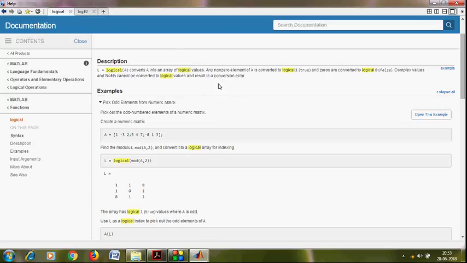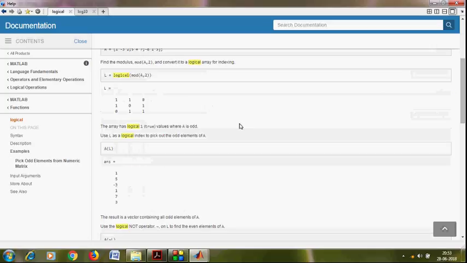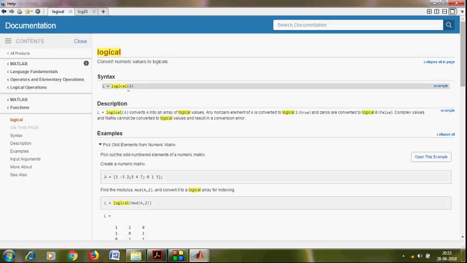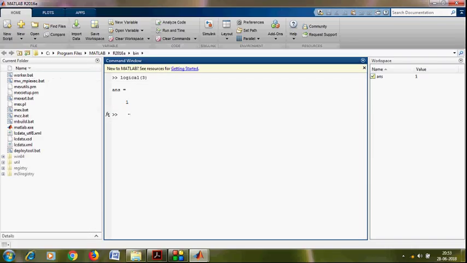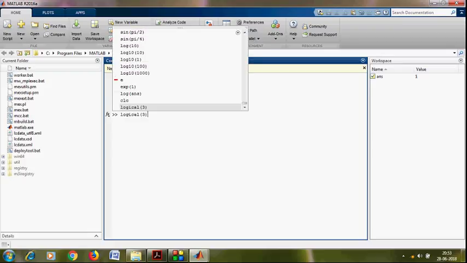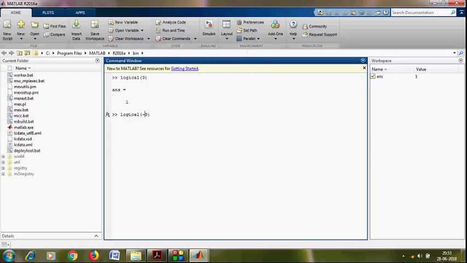It doesn't consider these. So these are the things you need to know in logical. For example, as I was saying, if I say logical of minus 3, it has to show you 1 back. If you say 0, it should give you logical 0.